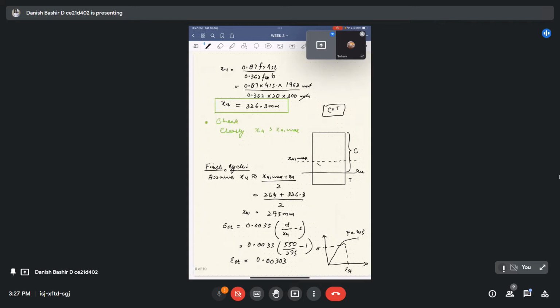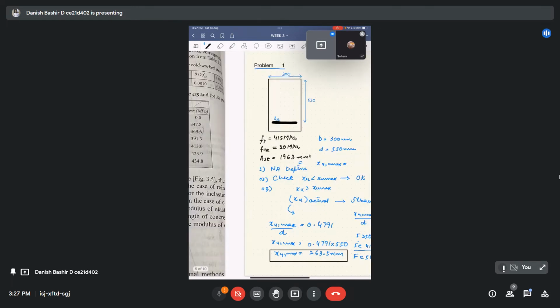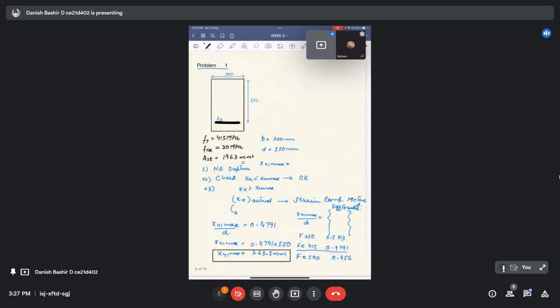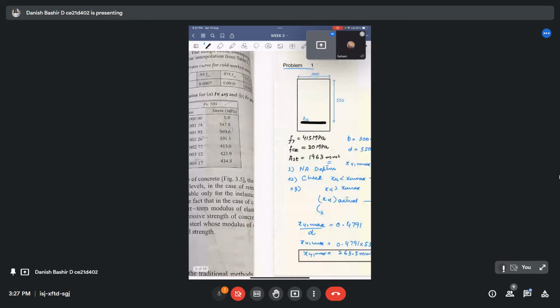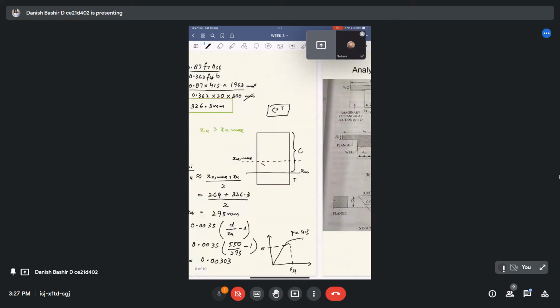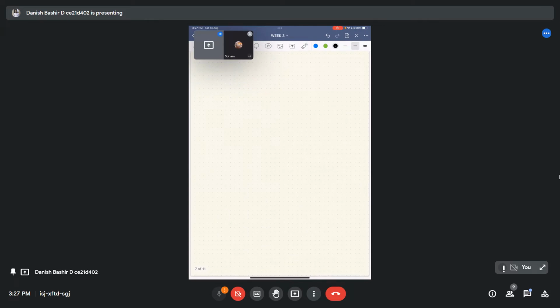We can do it from this table. Fe415, and our strain is 0.00303. We can see that our strain lies between these two values. Our stress will lie anywhere between 351.8 and 360.9. So we have to use interpolation.